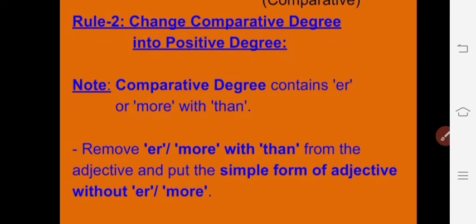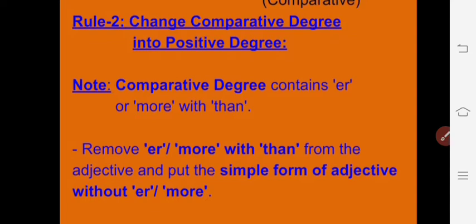Comparative degree contains er or more with than. Er or more is applicable only to adjectives. Clever, then you can say intelligent, beautiful, these are adjectives. You can add er or more including than. It is called comparative degree.